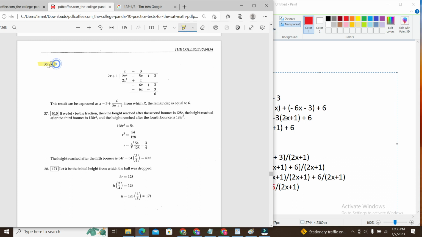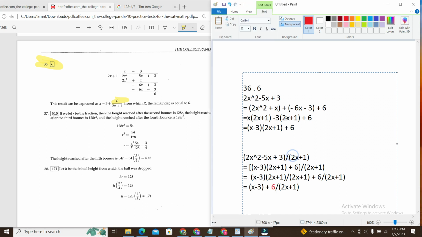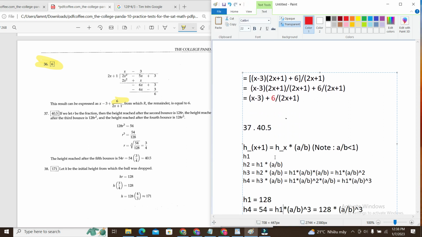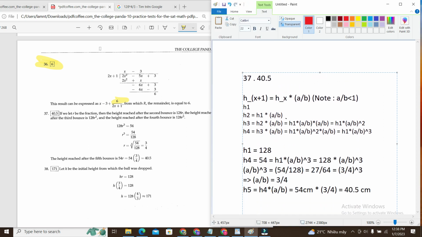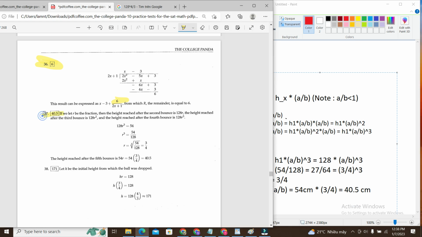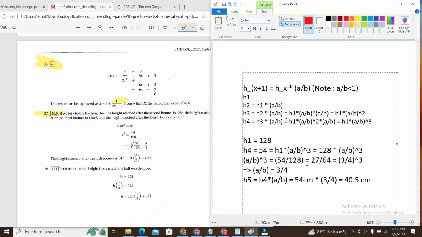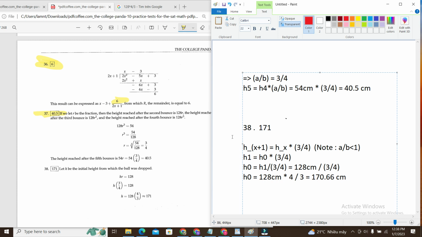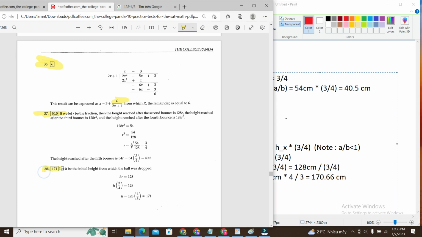Thank God I'm correct on this one. 37 is 40.5, as we just calculated, and that's correct. And 38 is 171, so that's correct as well.